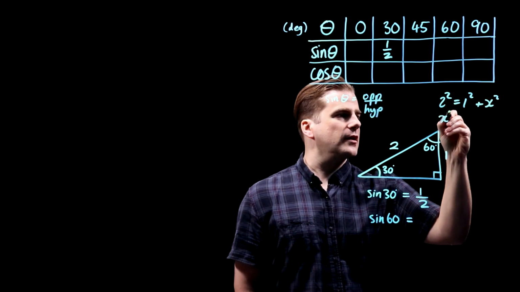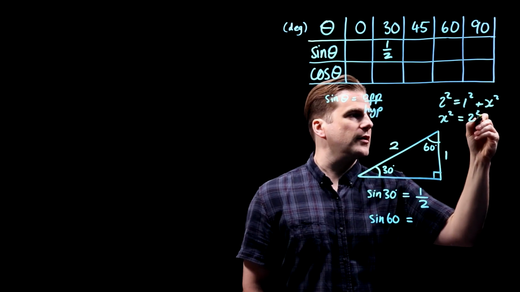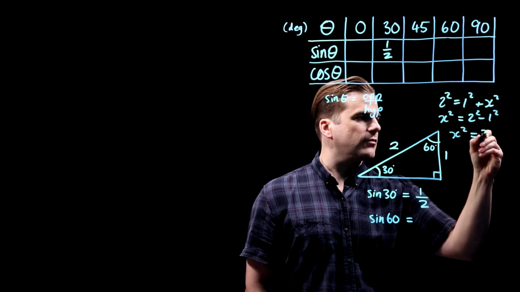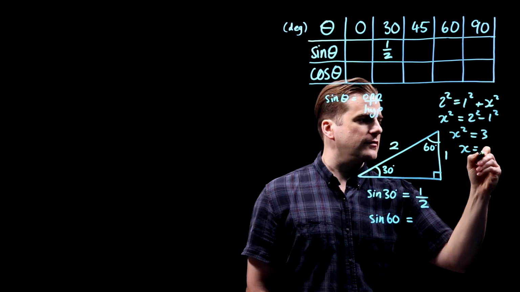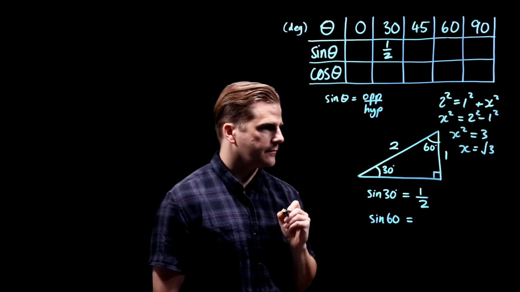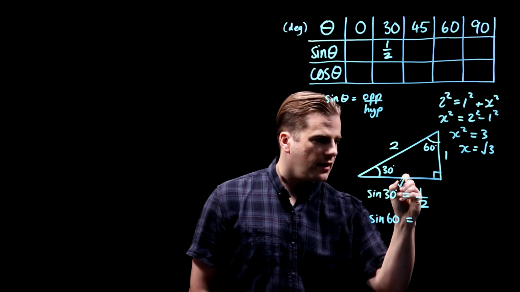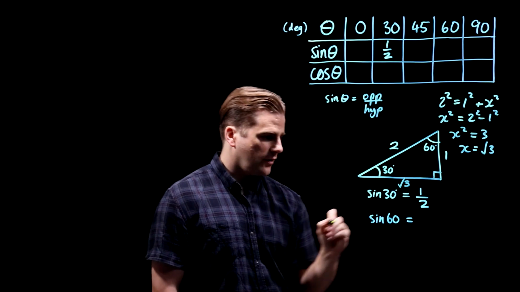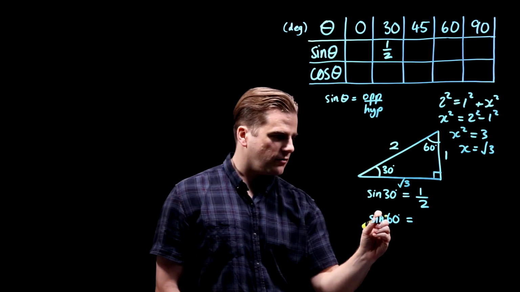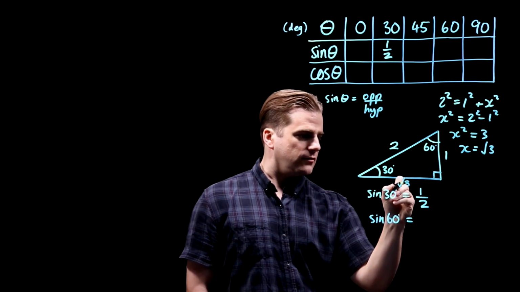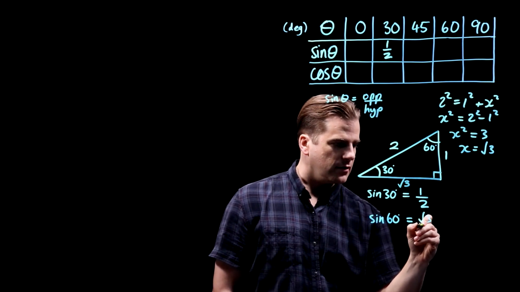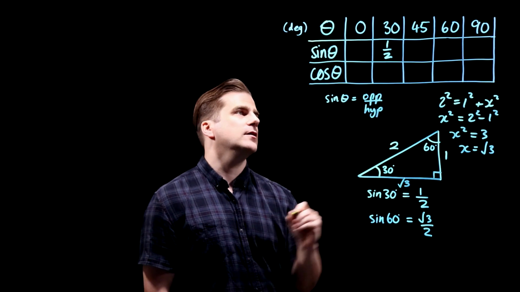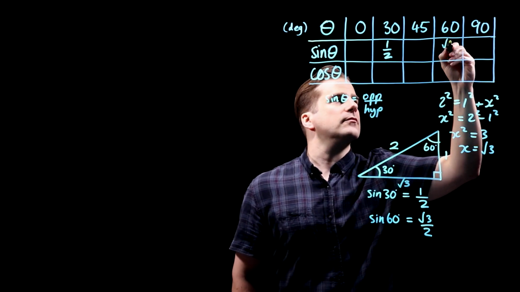Okay, so therefore x squared is 2 squared minus 1 squared. So x squared is 3. So x is the square root of 3. Okay, so the length of that side is root 3. So therefore, sine of 60 degrees is the opposite, root 3, over the hypotenuse, which is 2. So sine 60 is root 3 on 2.